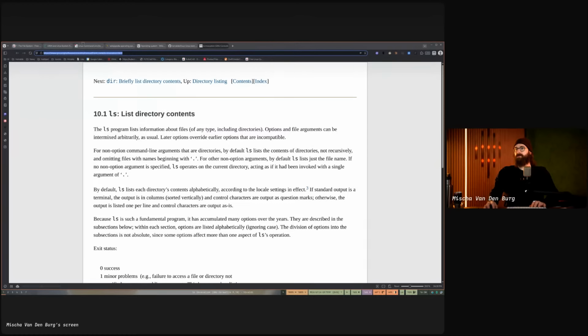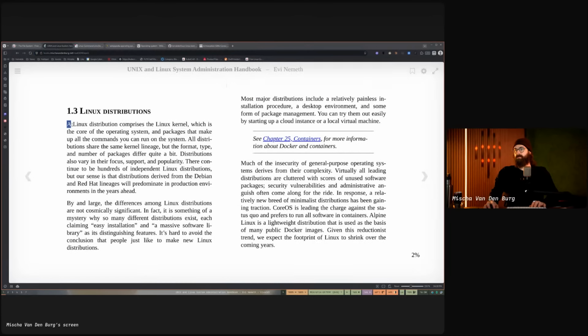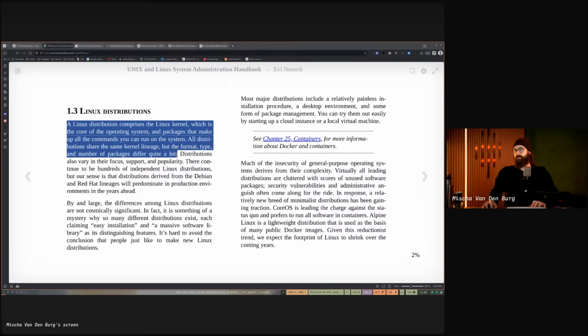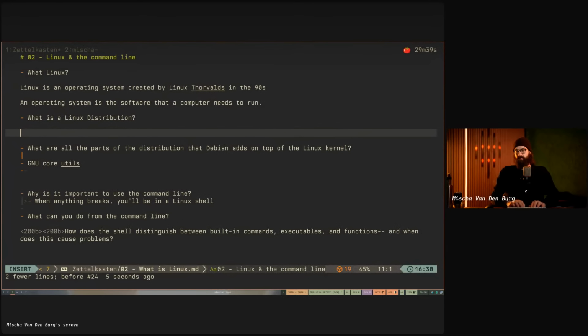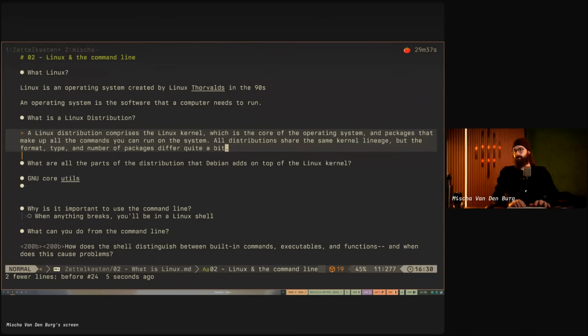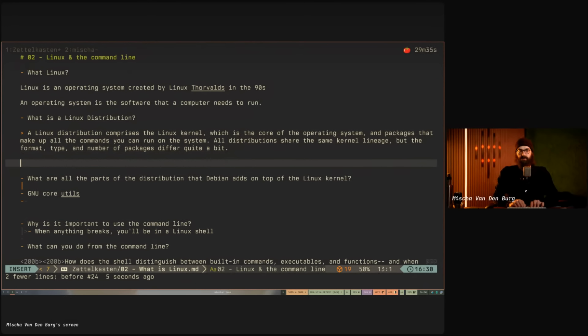So let's actually quote this. So let's see, from the Unix and Linux System Administration Handbook, 5th edition.